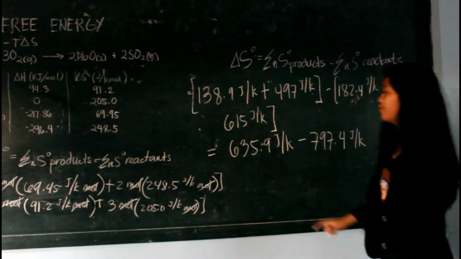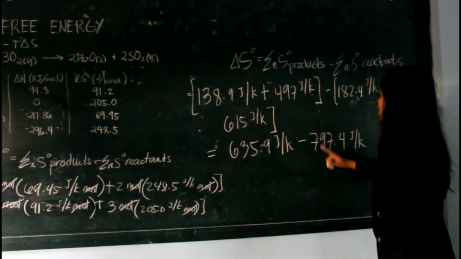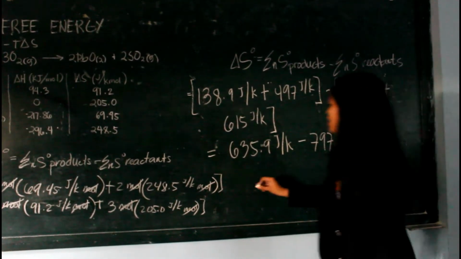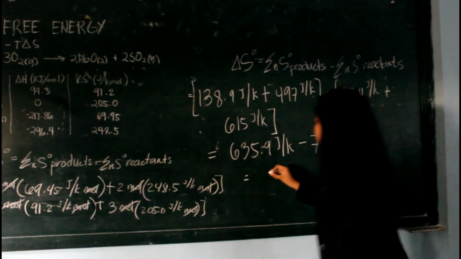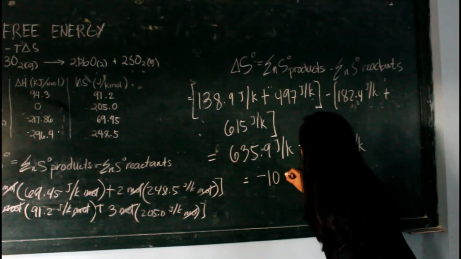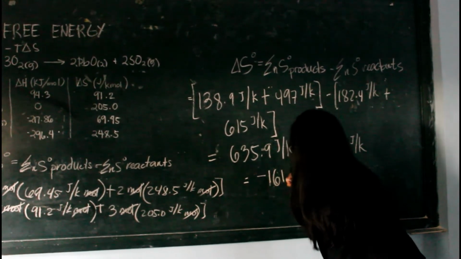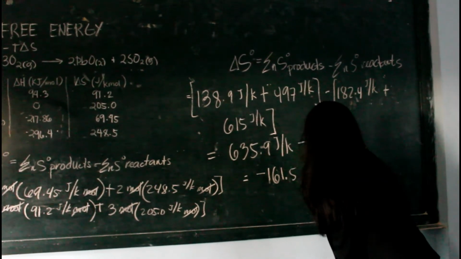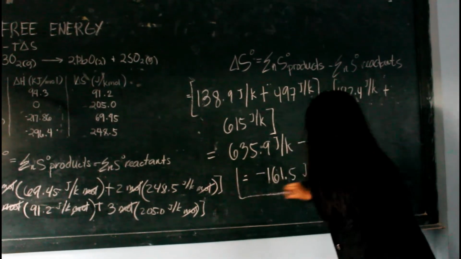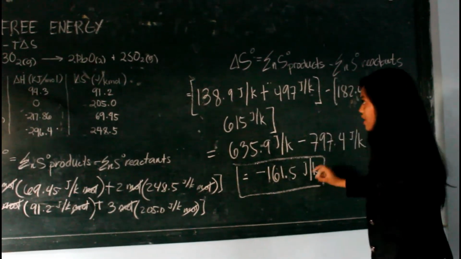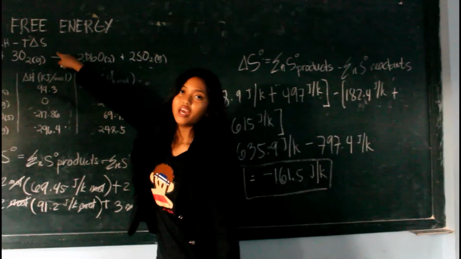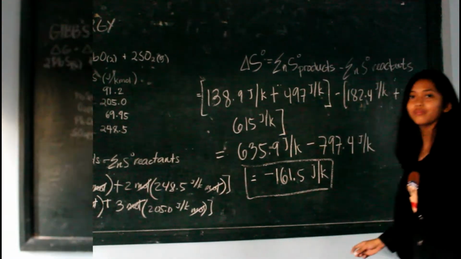So 635.9 minus 797.4 is equal to negative 161.5 joules per Kelvin. So we have here the value for the delta S in the Gibbs formula.